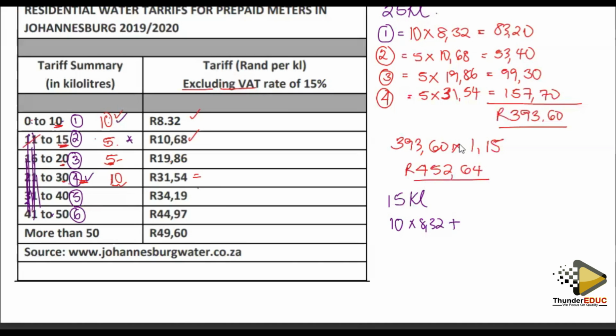Bracket 2 is 5 exactly, so we just need to do that. So we do the same story and we say 83 rands, 20 cents plus 53 rands, 40. You get your answer. You add them up. You have the answer.